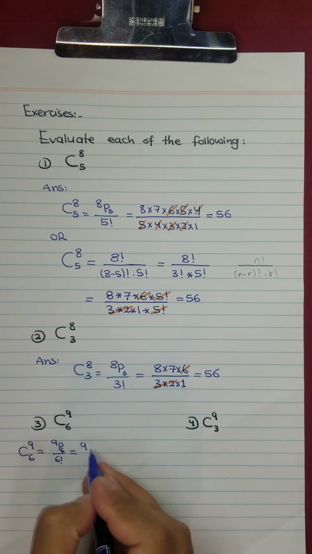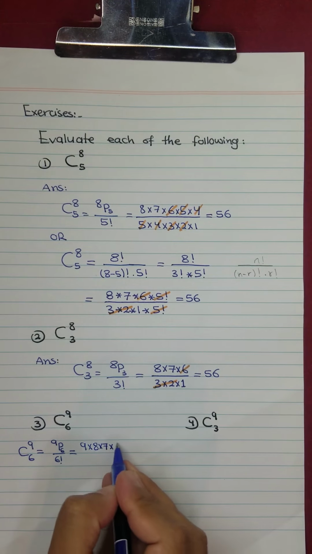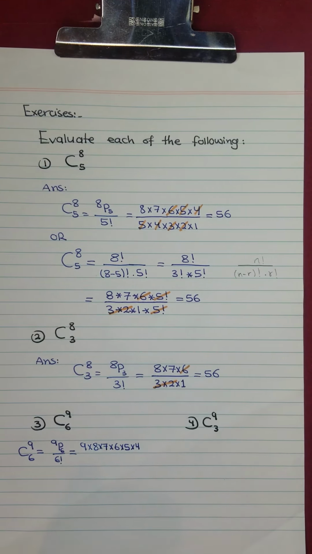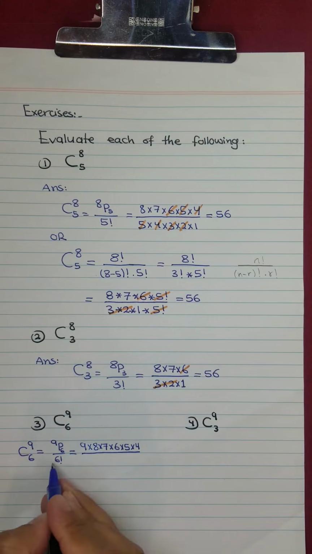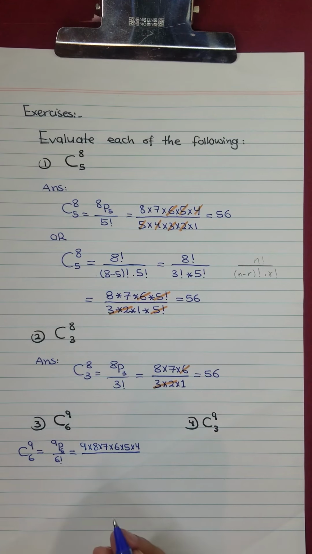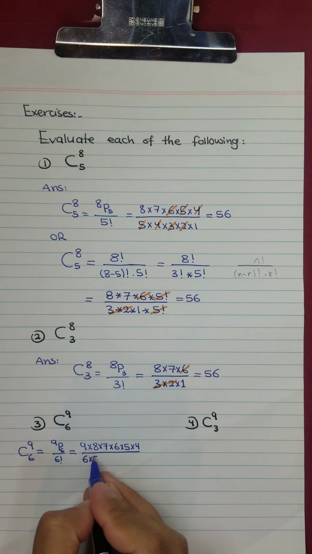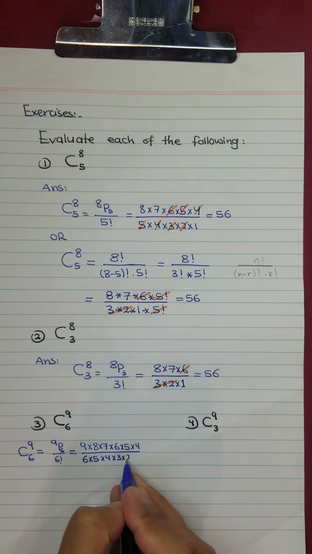So it's 9 times 8 times 7 times 6 times 5 times 4. These are 6 actions starting with 9 over 6 factorial, which is going to be a sequence of the numbers from 6 all the way up to 1. So it is 6 times 5 times 4 times 3 times 2 times 1.